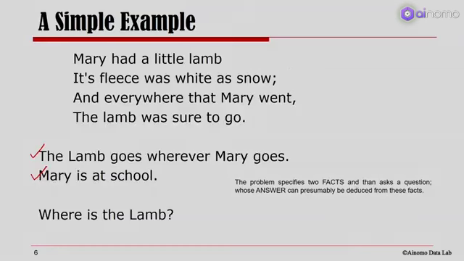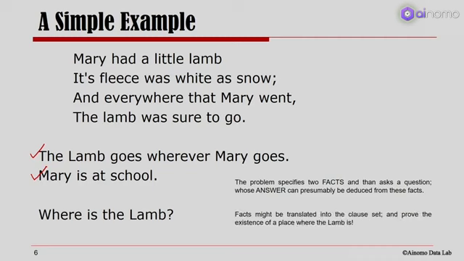So here if you see, the problem specifies two facts. One, that the lamb goes wherever Mary goes. Two, that Mary is at school. And from these facts, the answer can presumably be deduced.